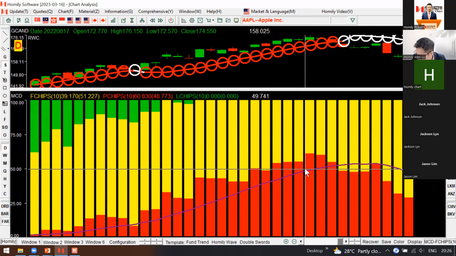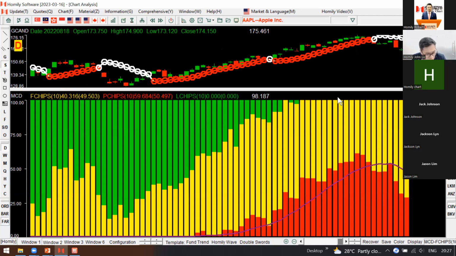Let me check. Yes, Dennis replied number 1. Yes, why? Because I don't want to see the other 2 lines. The other 2 lines are the moving averages of the green bar and yellow bar. I don't care. You know, sometimes we don't have so much energy to care about so many things. We only want to check, okay, John, I only care about the red bar and the purple line.